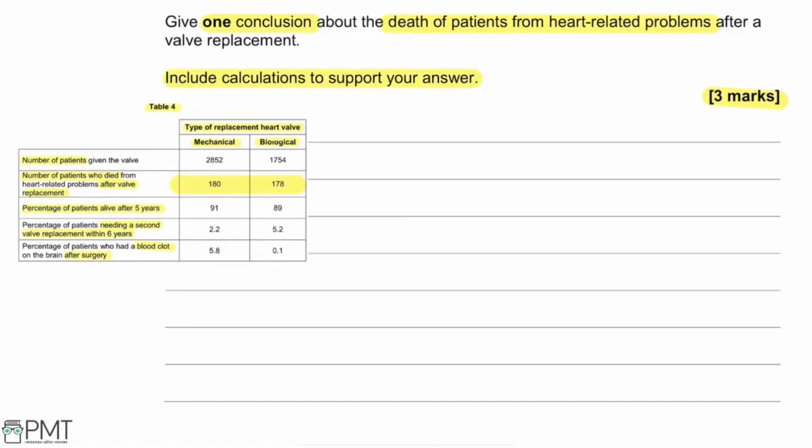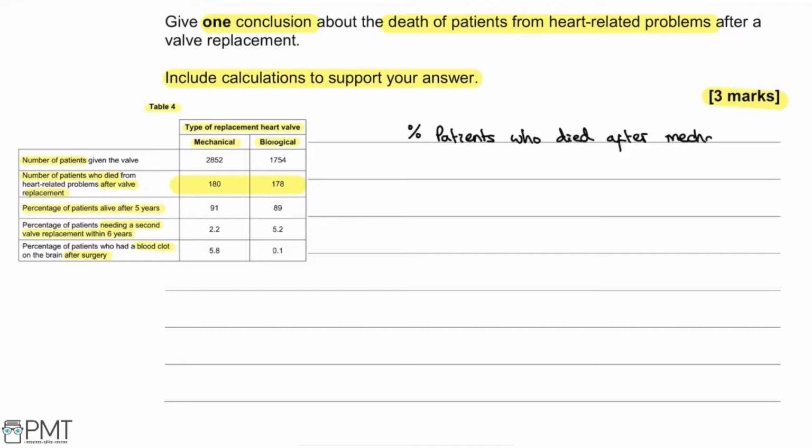So because we're comparing between the mechanical and the biological, we've got to be careful with the number of patients given the valve, because it's not the same for both. Mechanical had 2,852 patients, while biological only had 1,754 patients.